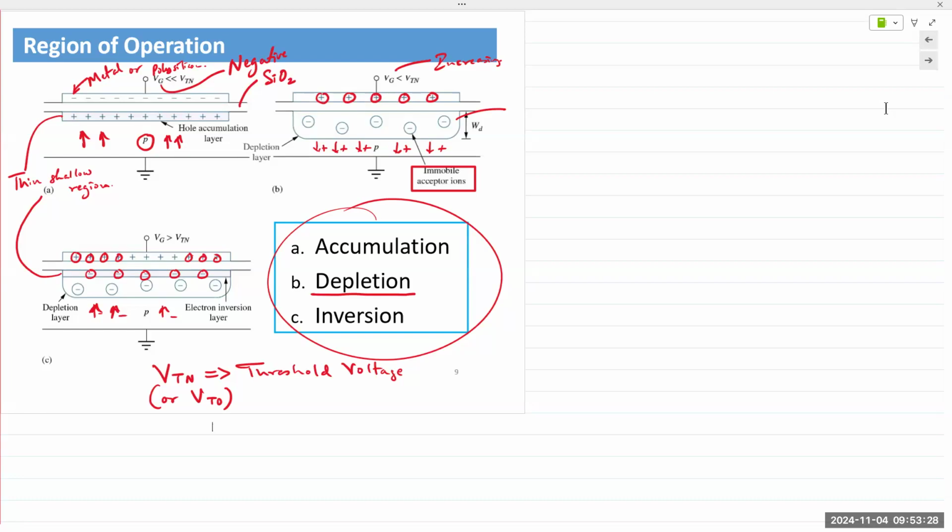You have a conduction pathway between the two terminals, and then you use a gate to control that pathway. How you use the gate depends on the construction of the device. So in this kind of MOSFET, a channel does not exist. So we use the gate first to create this channel, and then you apply a voltage between the drain and source, which is what we'll see in the next slide.